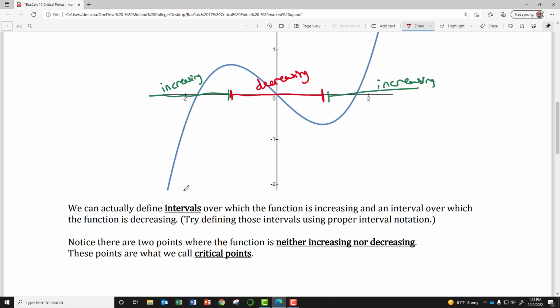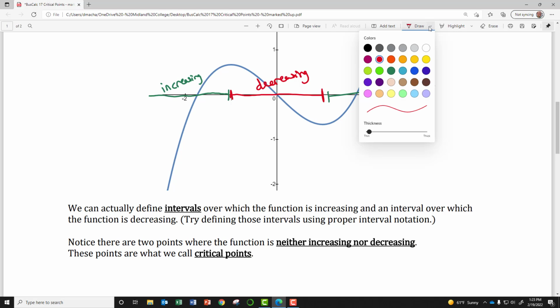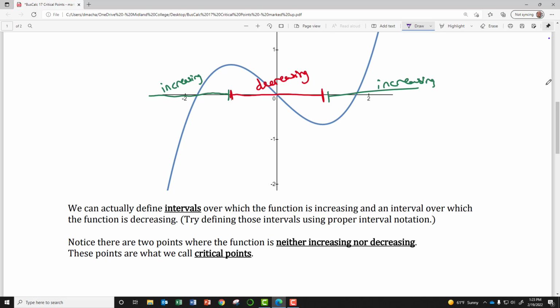So what I want to point out next is this critical points idea. The title of these notes is increasing, decreasing, and critical points. Right here, in this area, whenever my function has just been decreasing over some interval, and it's about to be increasing over some interval, this, right here, where it's neither increasing nor decreasing, is called a critical point.